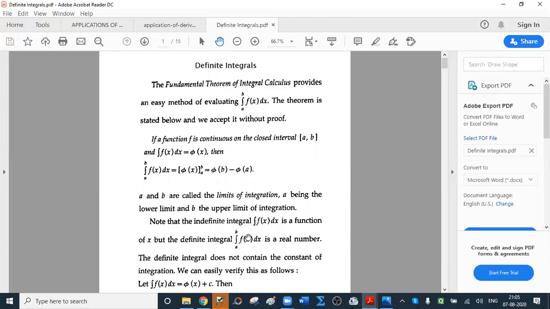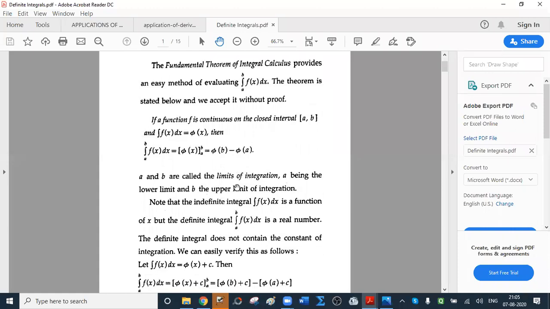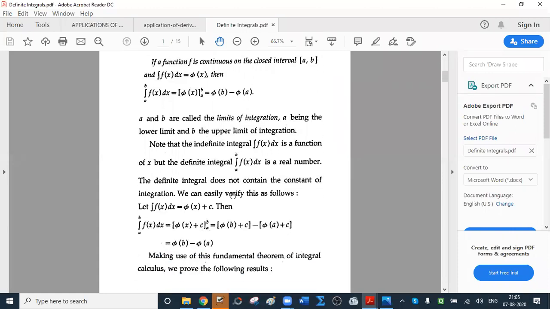Note that the indefinite integral f of x dx is a function of x, but the definite integral a to b f of x dx is a real number. The definite integral does not contain the constant of integration. We can easily verify this as follows. I have already explained this.